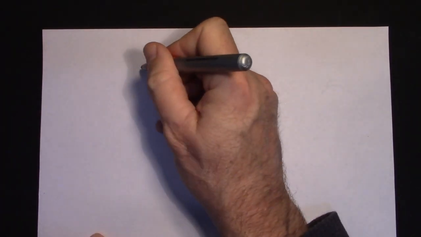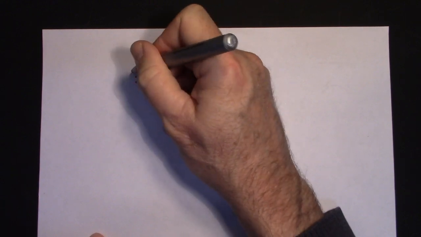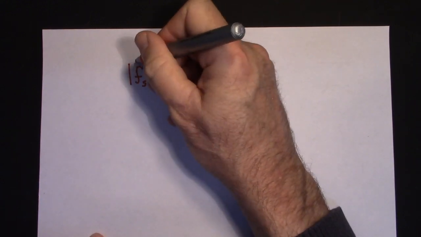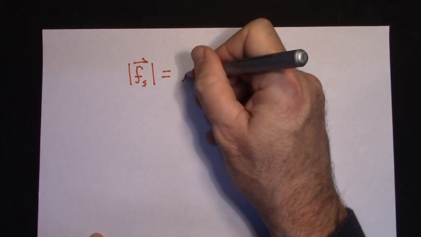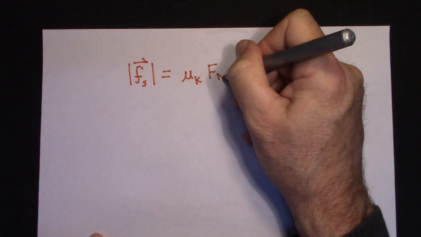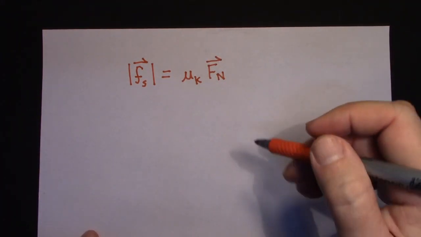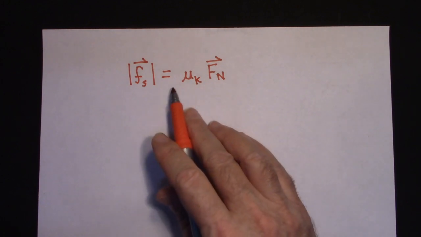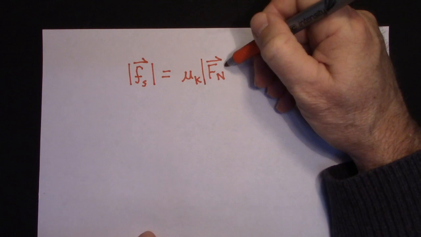The real equation is really this: the magnitude of the force of friction is equal to mu k times the normal force. The reason why you have to say that is because it's the magnitude of this.